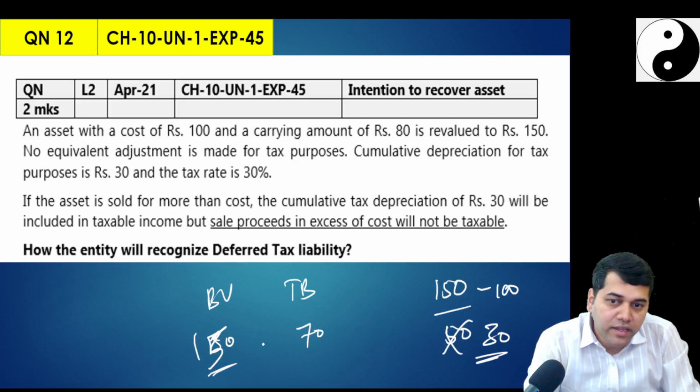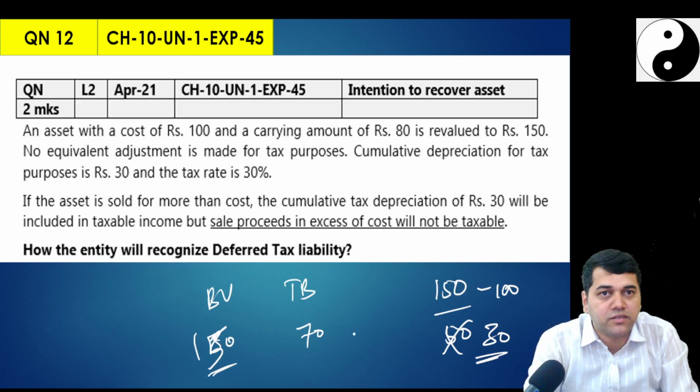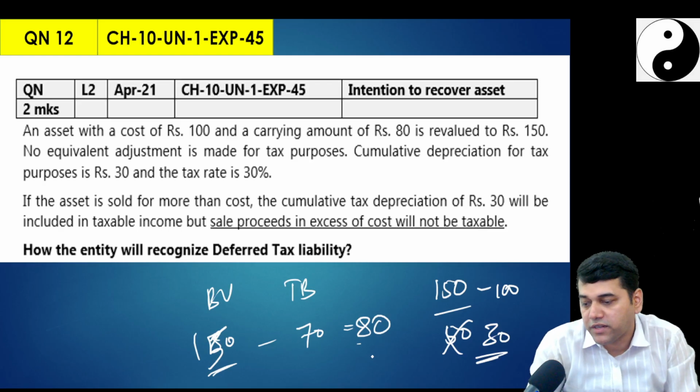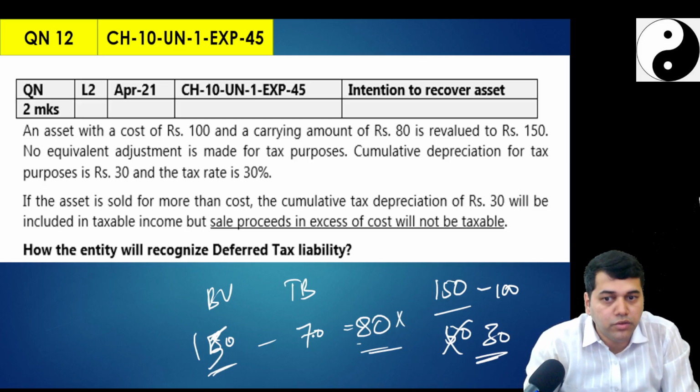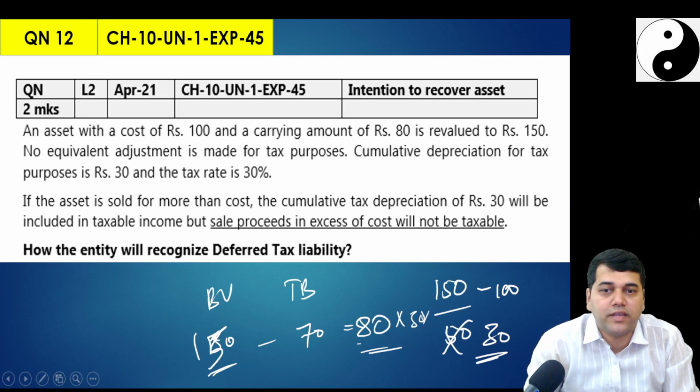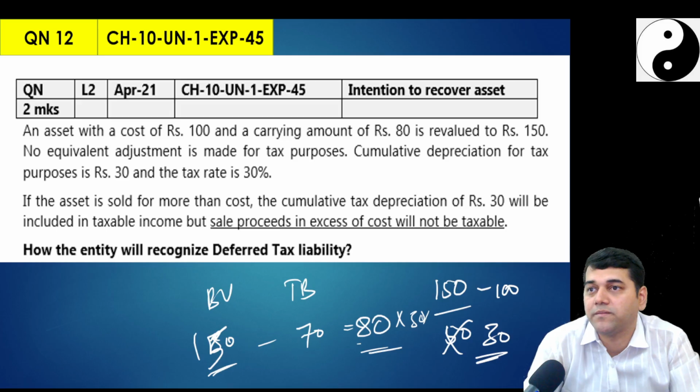So today you may have such a big difference. How much? 80 rupees is the difference. How much deferred tax liability are you going to recognize? At 30%, students, what is my deferred tax liability?